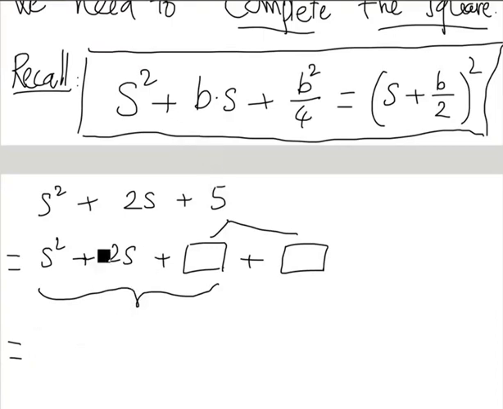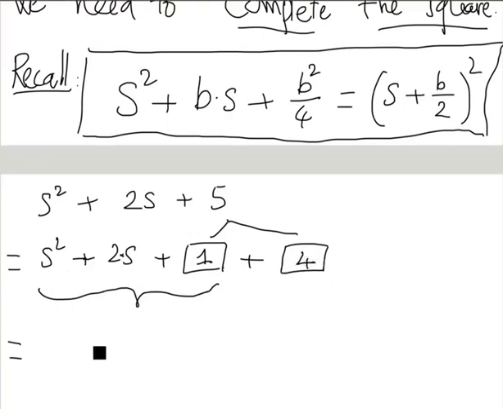Using the formula above, for s squared plus 2 times s, we need b squared over 4. Here b squared is 4, divided by 4 is 1, so we need 1 here in order to have a perfect square. So we split 5 into 1 plus 4.